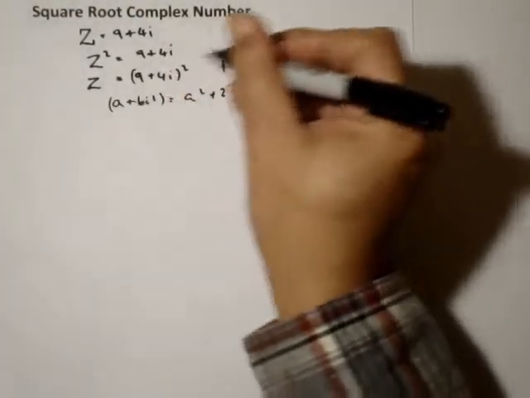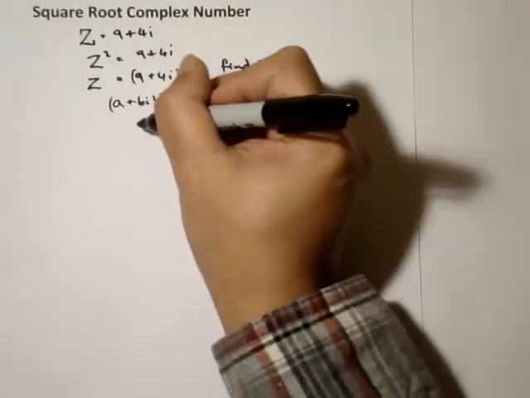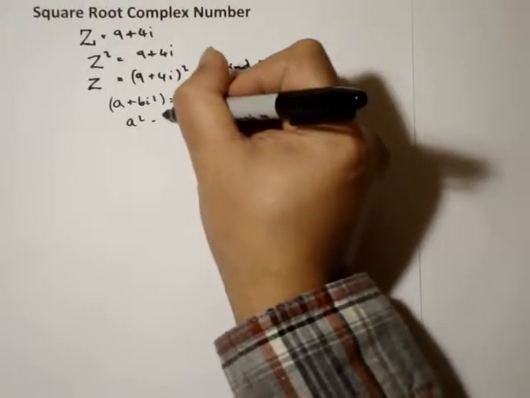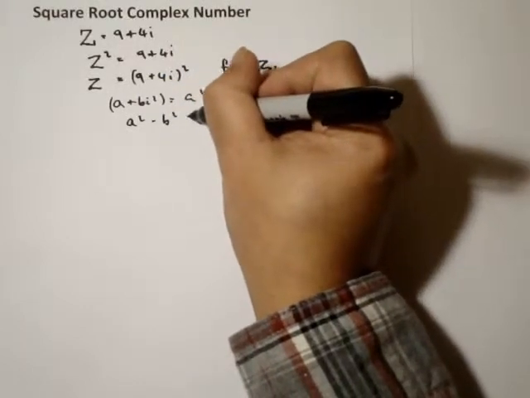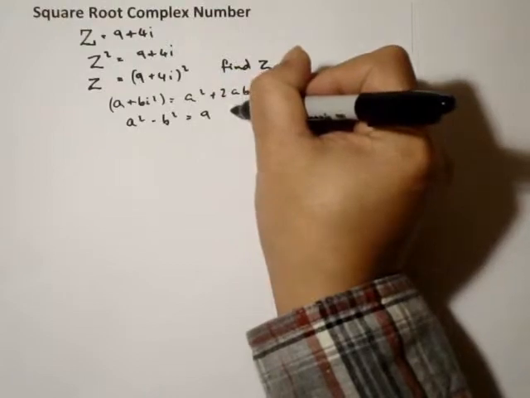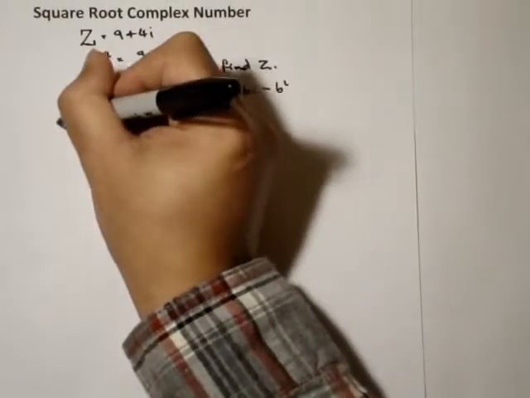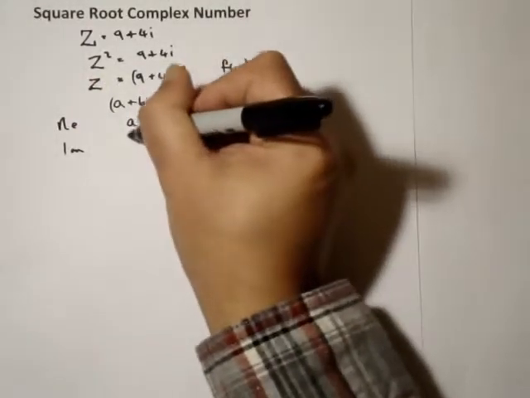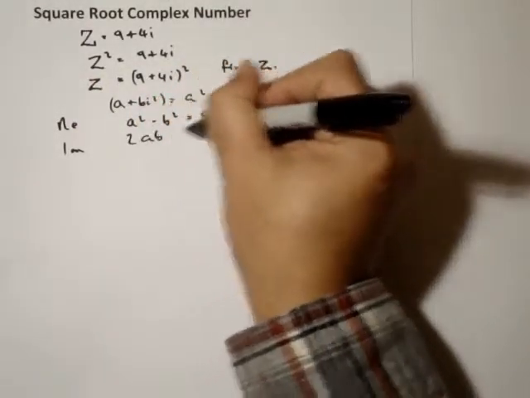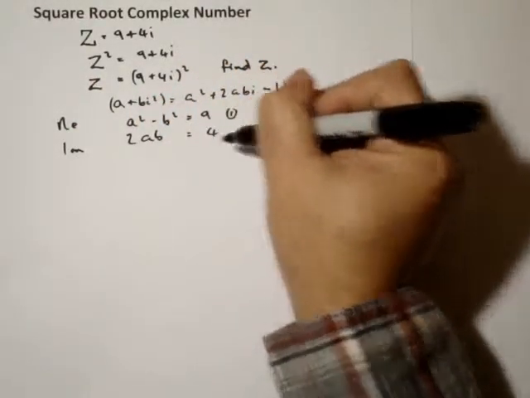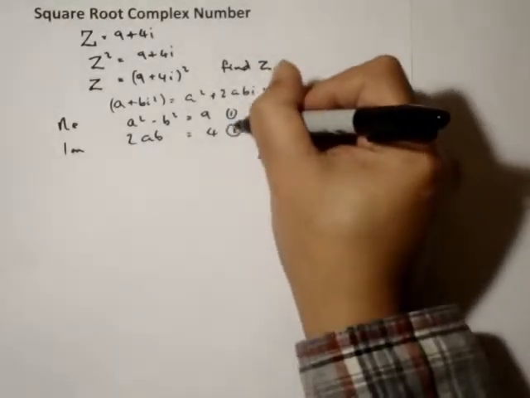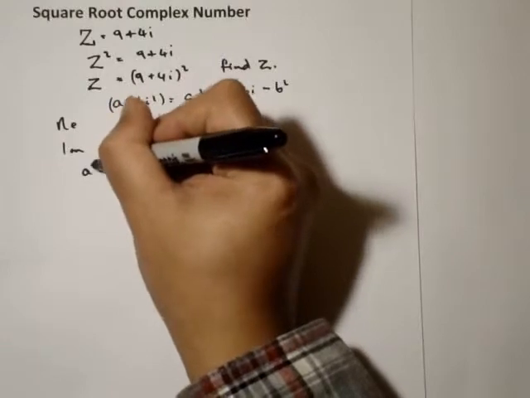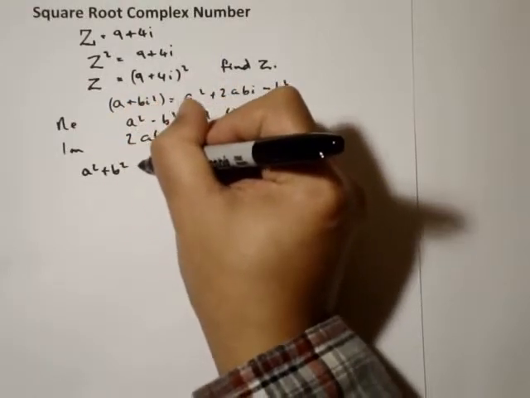Okay, so we identify our real parts, and our real parts are a squared minus b squared equals 9. Have that equation 1, so that's real. Our imaginary, equating those, we get 2ab equals 4. That's our equation 2.